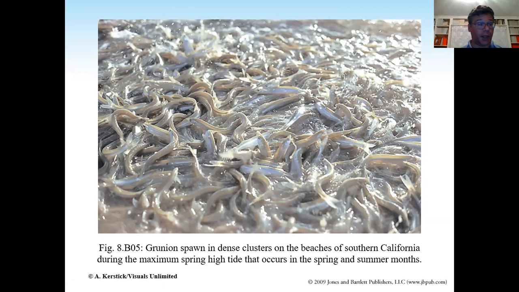Now, true, some land predators can potentially come down and dig things up on the beach, but it's protected from all the ocean predators that could easily gobble up fish eggs that are just floating around in the ocean somewhere. Then at the next spring tide, that's given the egg a chance to develop, and the little baby fish can hatch out and swim off, so it's a little bit better protected than just an egg floating.